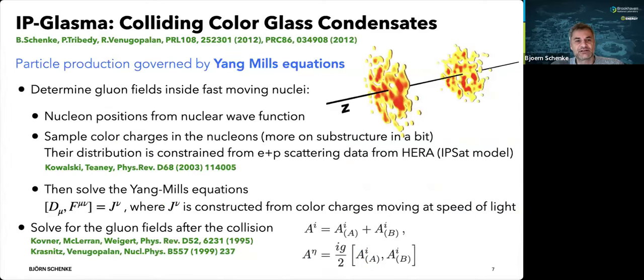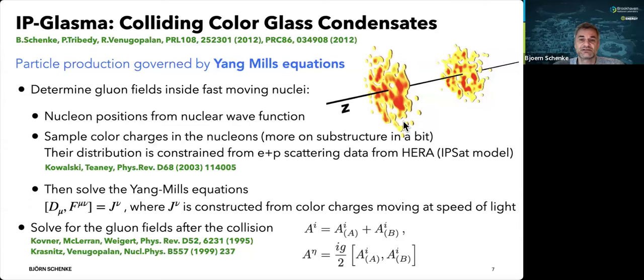Now, as I said, the particle production is governed by Yang-Mills equations. This plot just shows the color charge density distributions. From these density distributions, you would sample. First of all, you get these by sampling a Woods-Saxon distribution like I described last time. This gives you the nucleon positions.